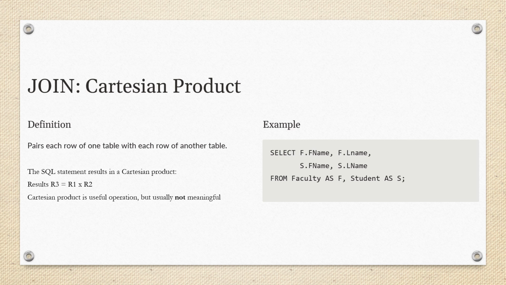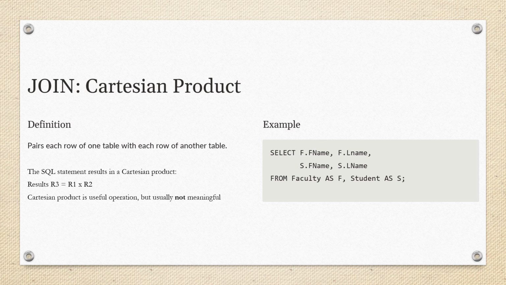For Cartesian product, that pairs every row from one table with every row from another table. The result size will be R1 times R2, multiplying the number of rows in each table. A lot of the time it's not meaningful unless it's filtered by a condition using where or join.